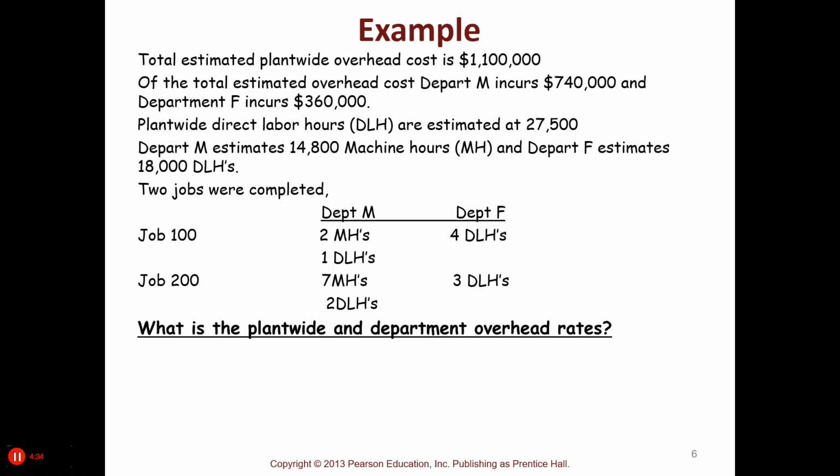So we have 2 jobs. First, what we're going to do is come up with the overhead rates. When we look at this, job 1 uses 2 machine hours and 1 direct labor hour in Department M, and from Department F, it uses 4 direct labor hours. Now, what's the plant-wide overhead rate?